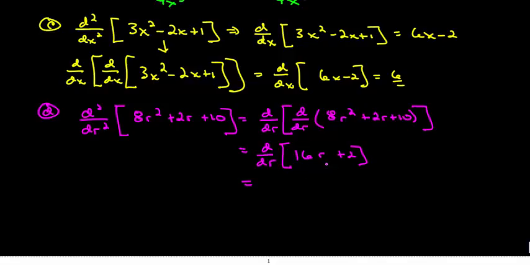Now we differentiate this again, and we just get 16. And so 16 is equal to this. We don't have a function here, I'm just going to call it f. If f was a function of r and it was equal to this, then we would have f double prime of r. Or we could say it as d squared f over dr squared, like that.